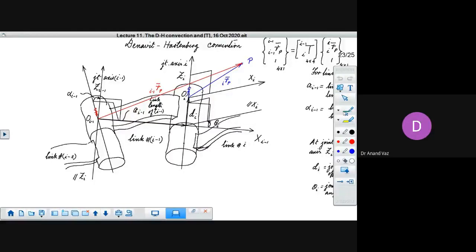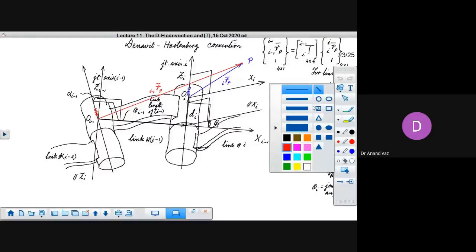Let us first construct a frame which is parallel to the frame I, but shifted down, over here.